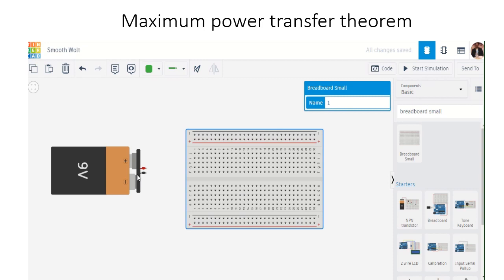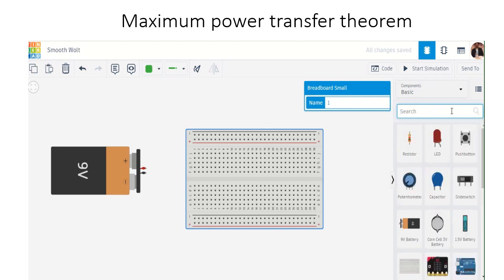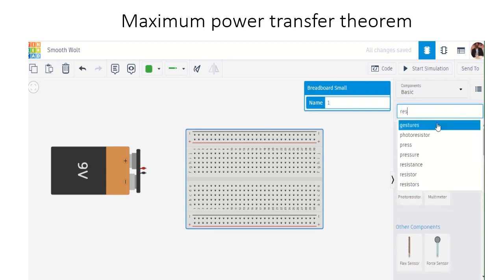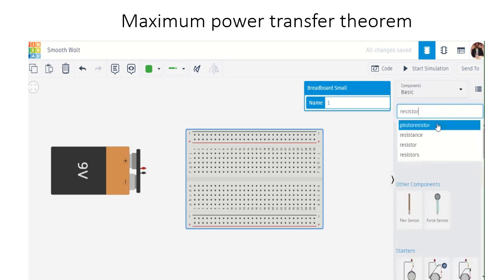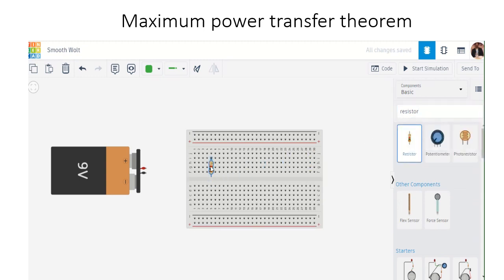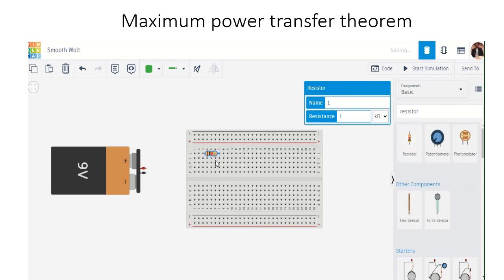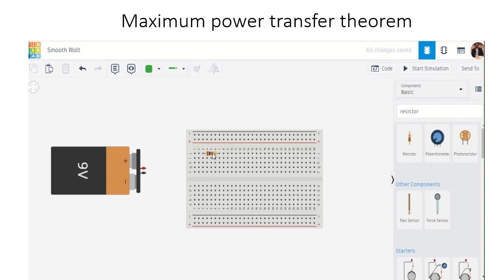So from the 9-volt battery, we are going to connect the resistor, that is R Thevenin, which is 100 ohm. So a resistor which is 100 ohm, this is R Thevenin.